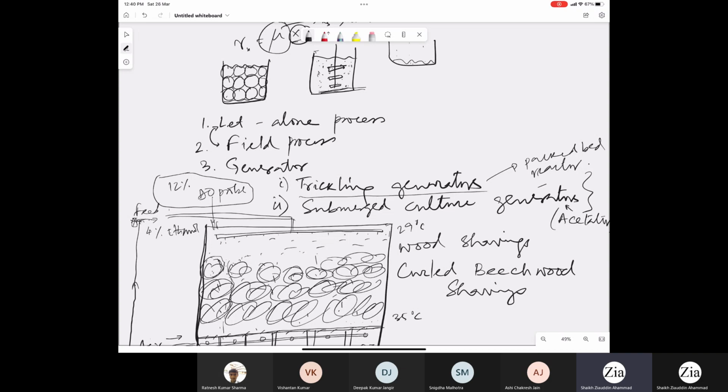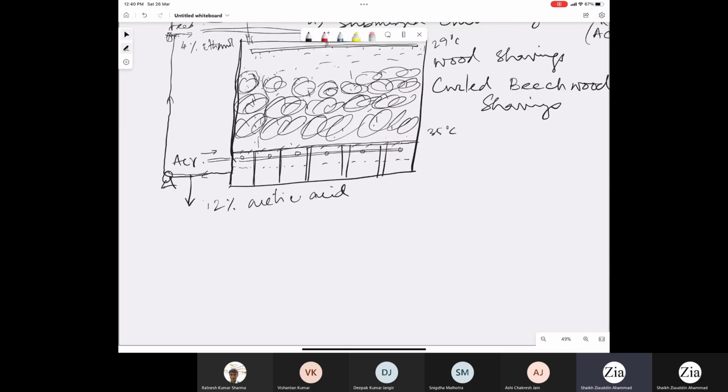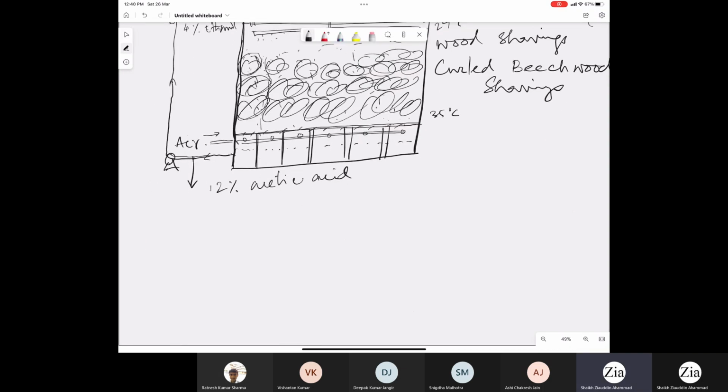So if you try to count the advantages of the submerged system, submerged versus trickling acetator.